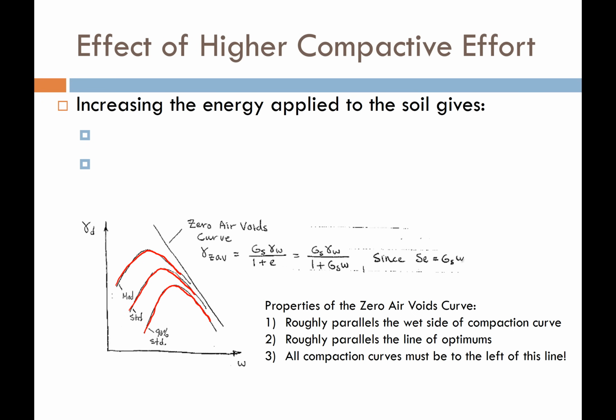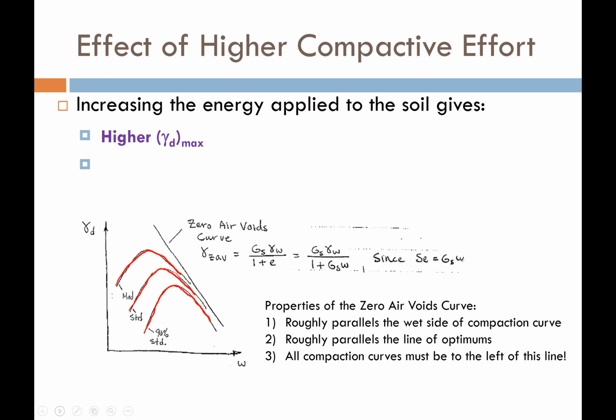So ask yourself this question: what trend do I see with regard to maximum dry density, or the peak of the curve, and the optimum moisture content, or the moisture content associated with the peak of that curve? Well, when we add more energy to the soil, as we'd expect, we're going to get a higher maximum dry density.